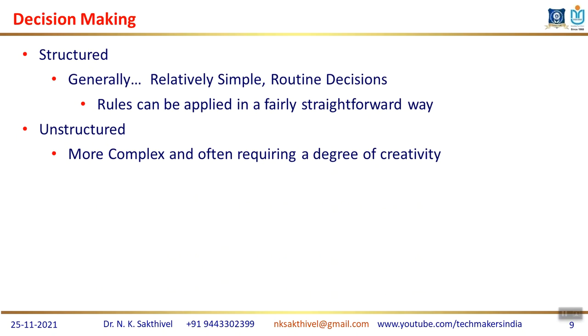We can classify decisions into two types. Number one is called structured decision making. What is structured decision making? Relatively speaking, structured decision making is a simple and routine decision.